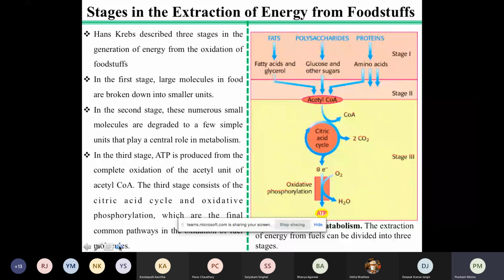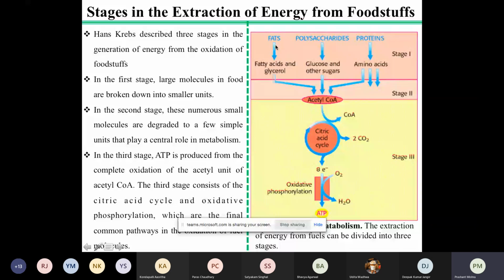Krebs is very famous, who gave the cycle known as the citric acid cycle, or the Krebs cycle. Some people call it the TCA cycle because TCA is the first compound made in the cycle. This cycle is the major source of energy. Let's come to that. But when he was discovering, he learned that there are three major stages.